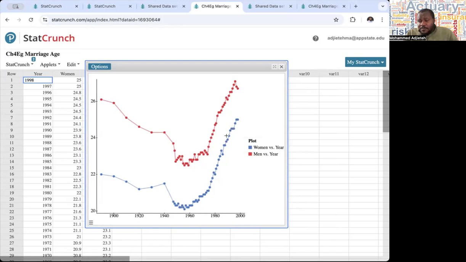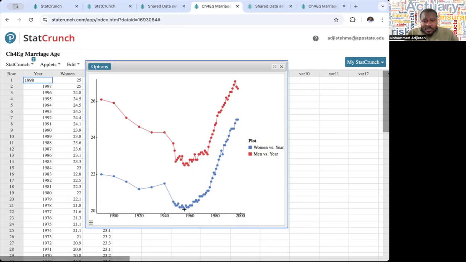Why is it so? It could be because people are getting more educated. People want to finish their PhDs before they get married. People want to finish their certifications. People are in school. So there could be a whole lot of factors contributing to this. But you see, the time plot is giving us insight.